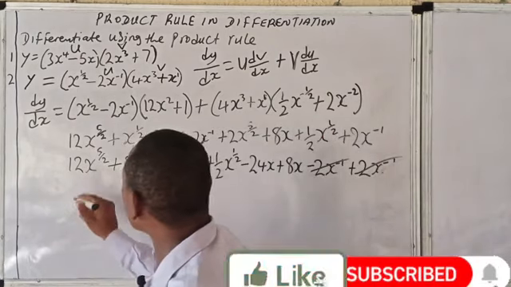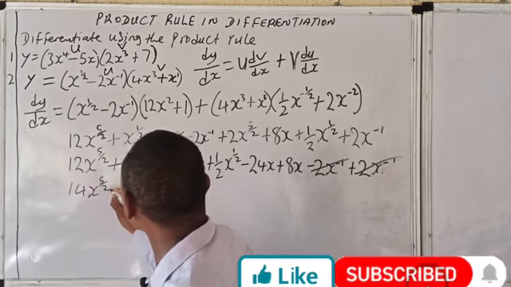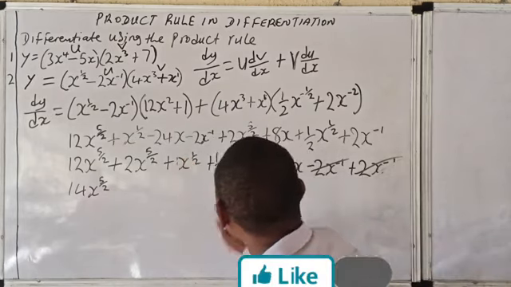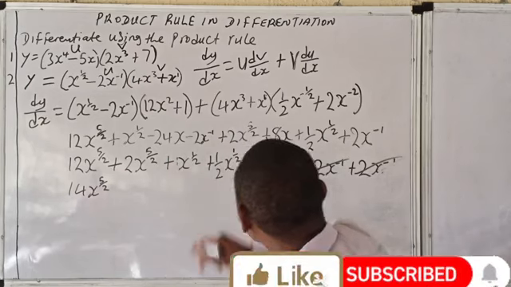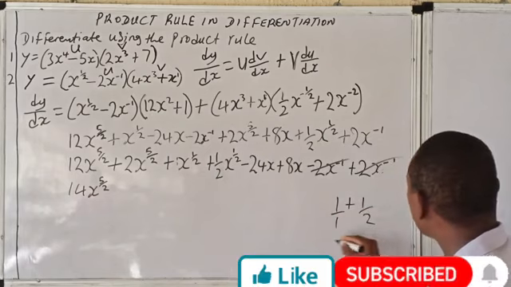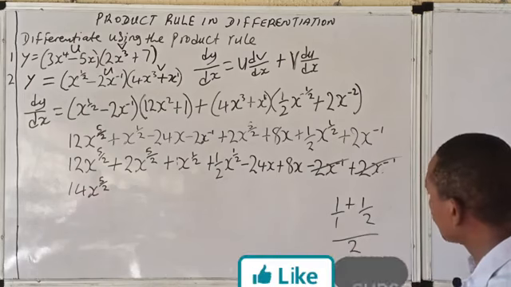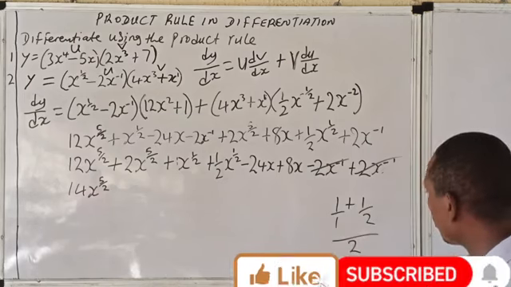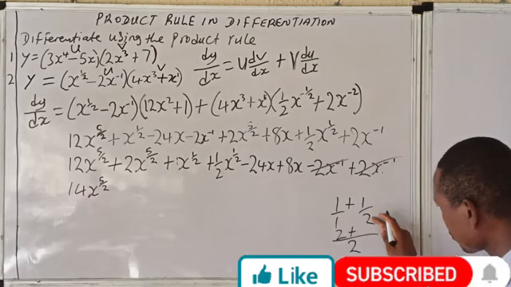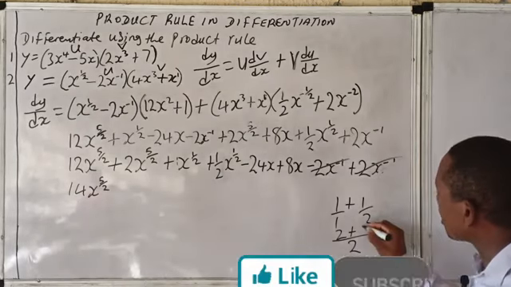Add this and this together, you have 14x raised to power 5 all over 2. Here, there's an invisible 1. So let's add that 1 and half. So 1 plus what? Half. This will give us 2. 2 go into 1 go into 2 is what? 2 times 1 is what? 2 plus 2 go into 2 is what? 1 times this is what? 1.